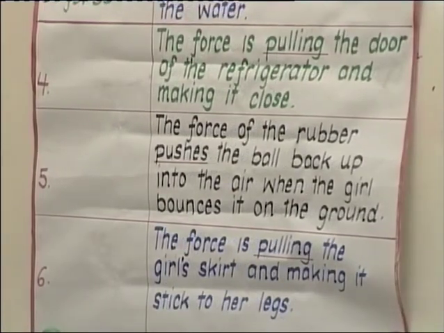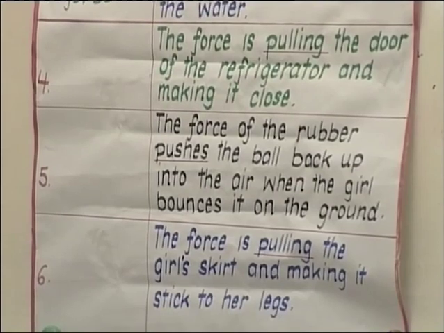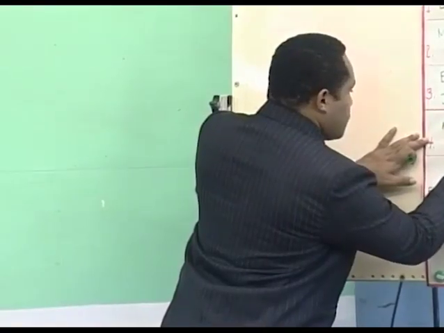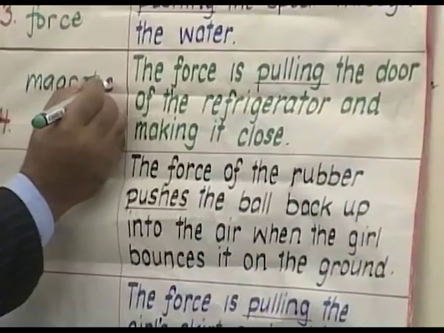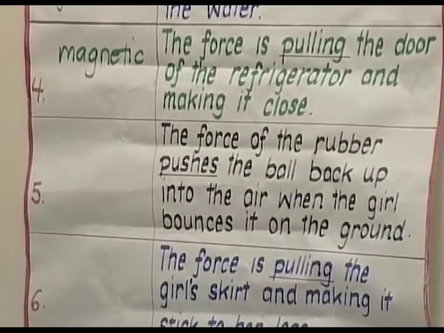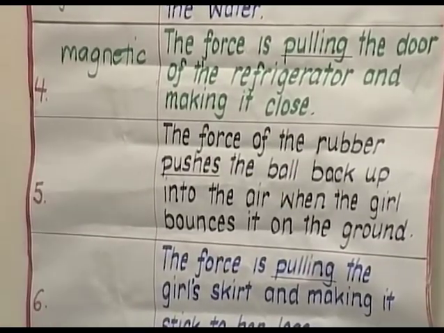What's your name? Joe. Joe, can you tell us the type of force? Magnetic force. Very good. Now, receiving students in 6C, you might be wondering why we say magnetic force.